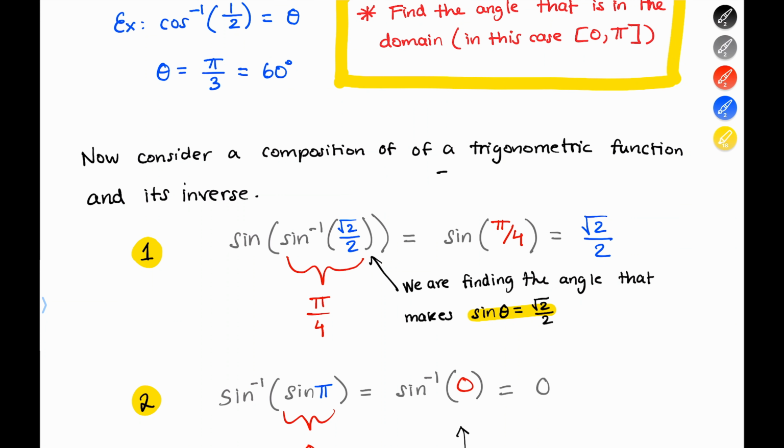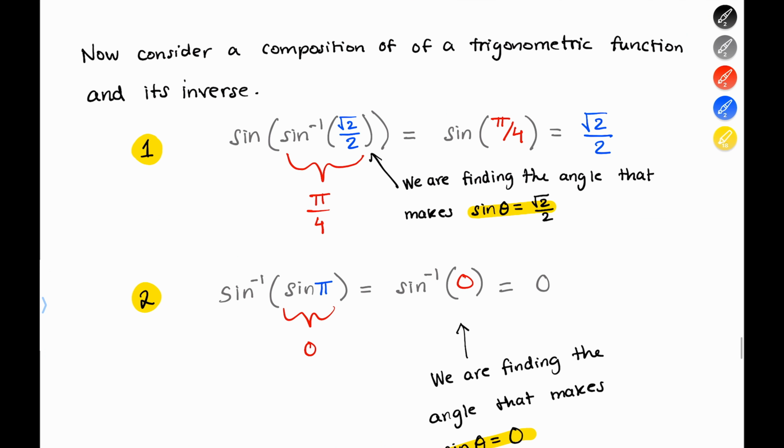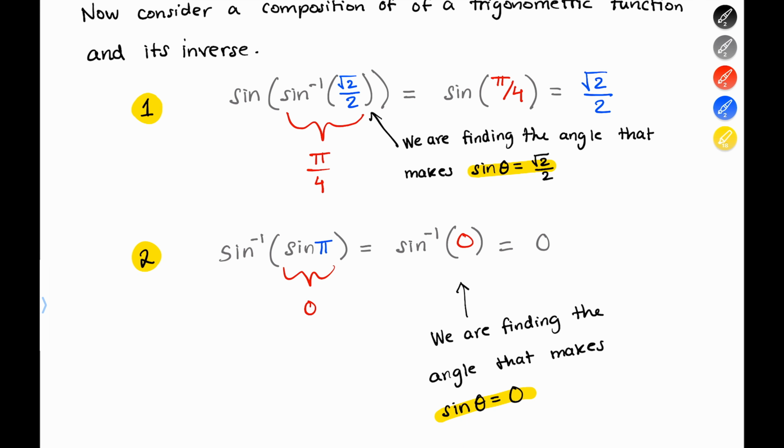And looking at our second example, we notice that it is a little bit different. The sine inverse is outside, and then the sine is inside. When this is the case, then you actually have to do the long method. You have to solve for whatever's in here, and then after that, you have to solve for sine inverse.